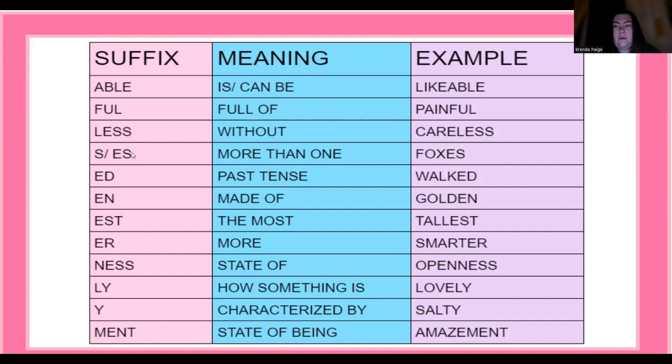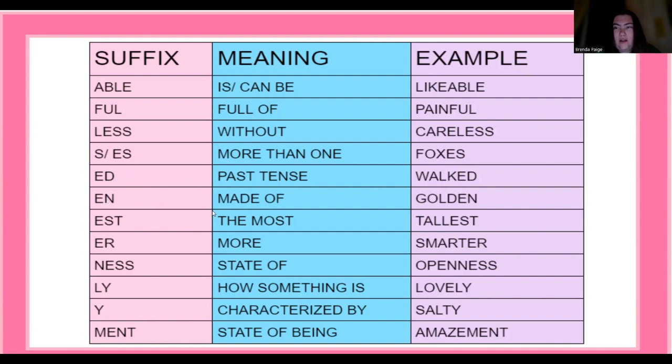Now, this is where it got tricky, like when we saw teachers. So S or ES means more than one, but it's not when there's an apostrophe and they mean it belongs to somebody. So, like foxes, but it's not the fox's hat, it's there's multiple foxes. ED means past tense, walked. I had to put that one there because I'm Miss Walker.